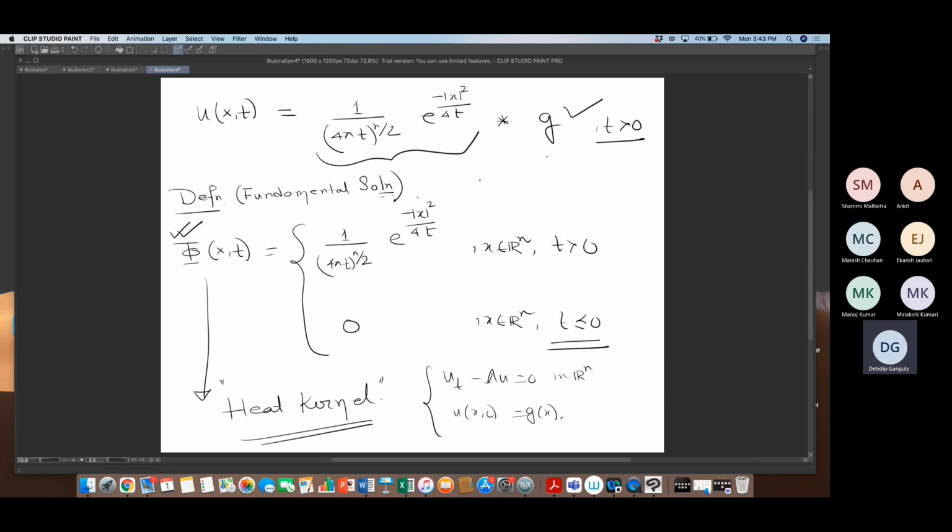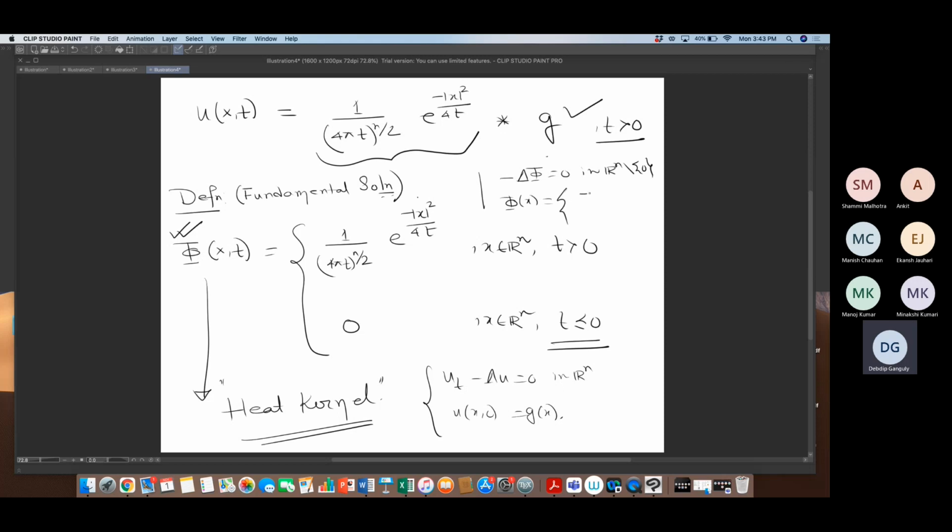This function is known as the fundamental solution, like the Green's function we have studied for the Laplace equation, Laplacian of phi equal to 0 in R^n minus 0. You remember, right?